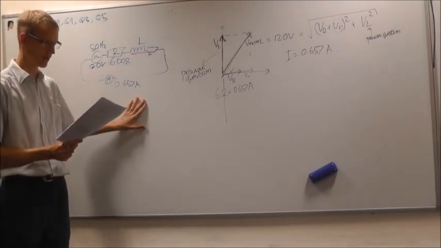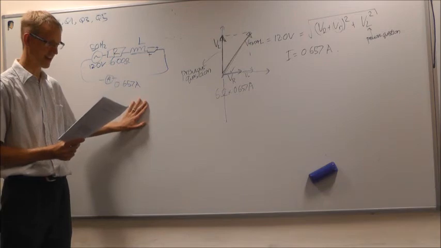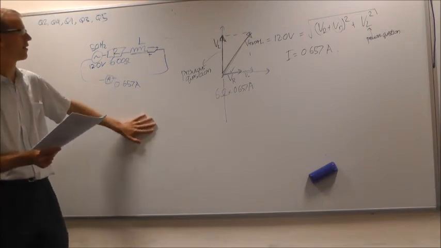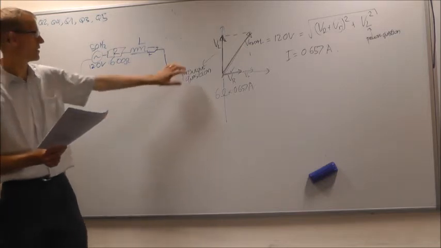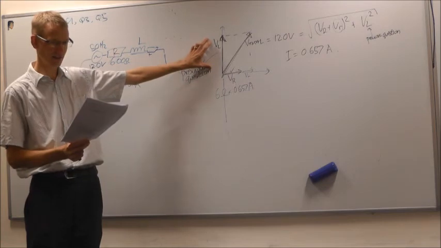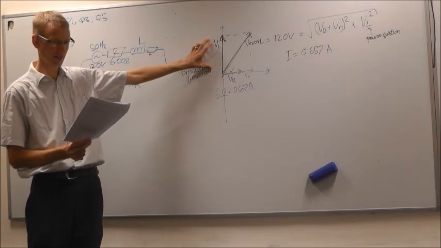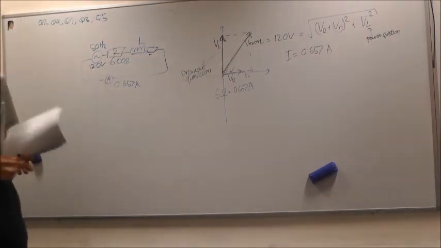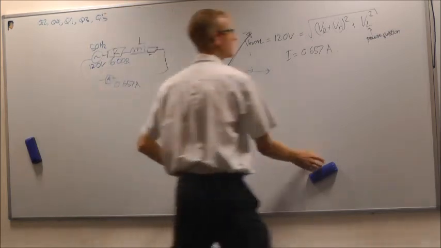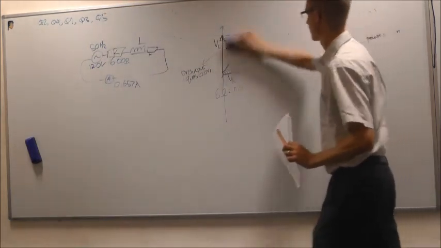So what am I trying to find? I'm trying to find L. So I'm trying to find what the voltage is. Let's make this a bit simpler and see whether maybe I'm overcomplicating this.